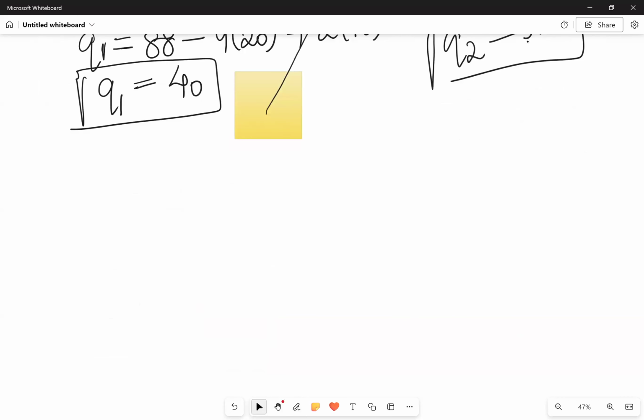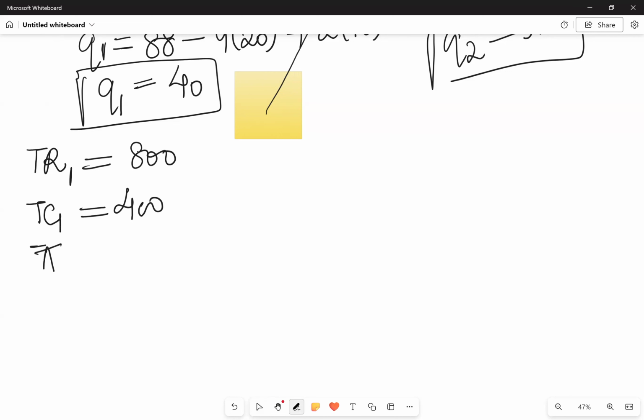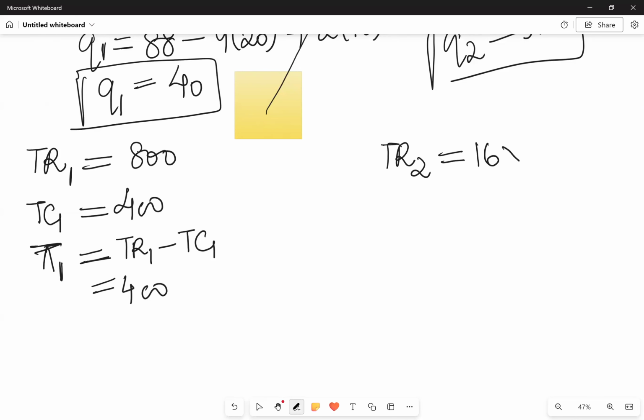Now, when we substitute these price and quantity values into our total revenue 1 and total cost 1 functions, we get total revenue 1 to be 800 and total cost 1 to be 400. So the maximum profit for firm 1 would be TR1 minus TC1, which will be equal to 400. And similarly, TR2 will be equal to 16 into 32.